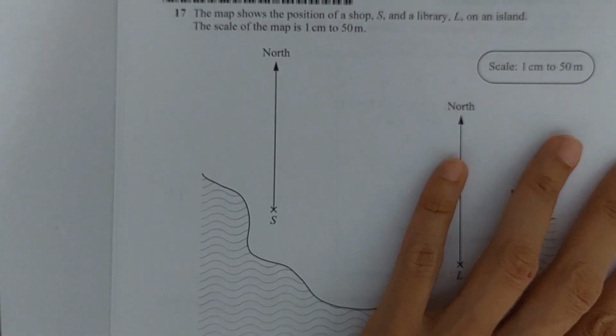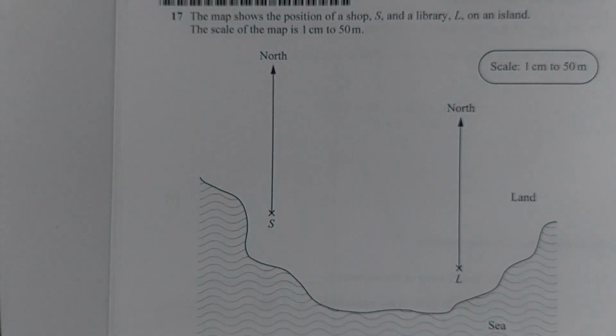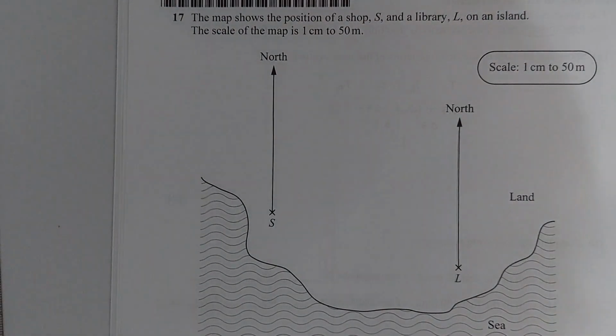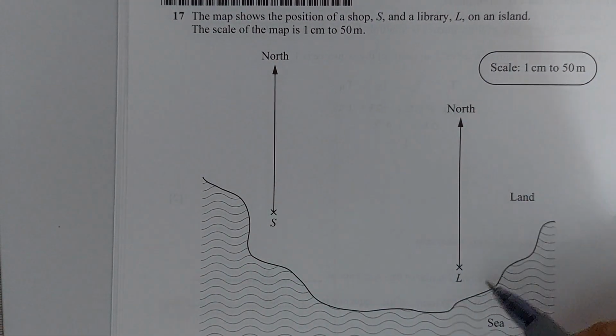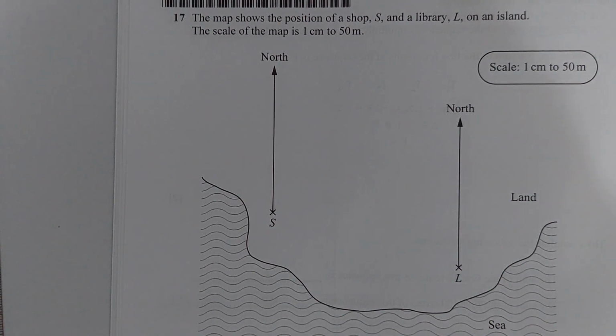The map shows the position of a shop S and a library L on an island. So the S here is the shop, and the L is the library on the island. For sure the white one is the island, and this one is the sea.